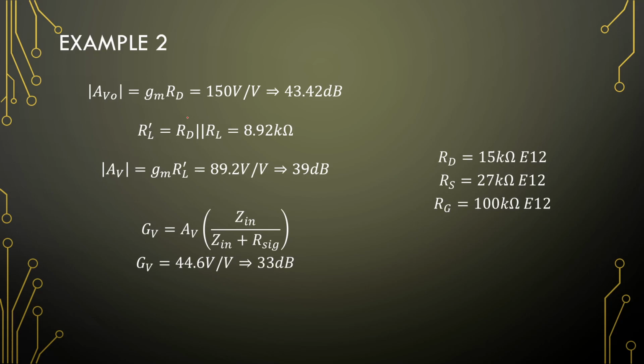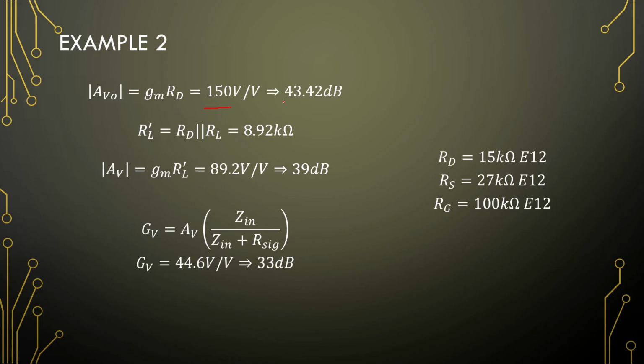Checking our results, our transconductance multiplied by our drain resistor, 150 volts per volts, and 15 volts rail divided by 0.1 give us 150 like this. So this is maximum gain like we had it in the common source problems.